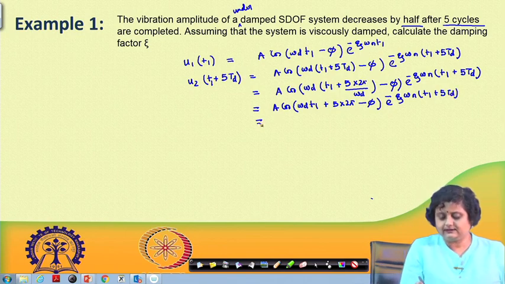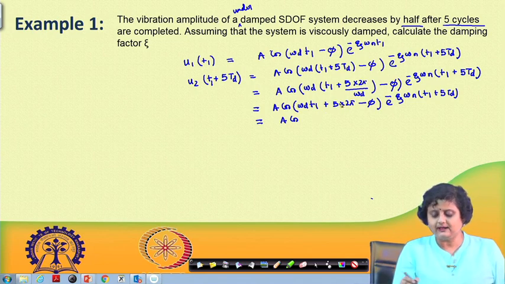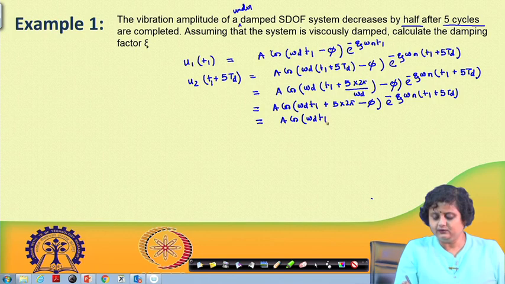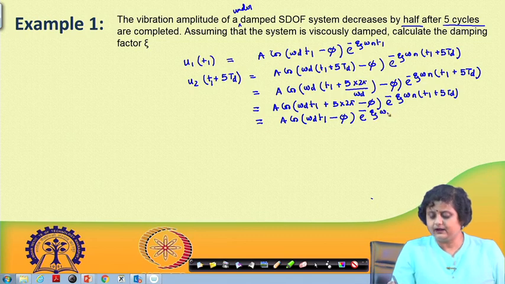Okay. This can also be written as A cos(omega d t1 minus phi) into e to the power minus zeta omega n (t1 plus 5 Td), since 5 into 2 pi leaves us with the same cosine.